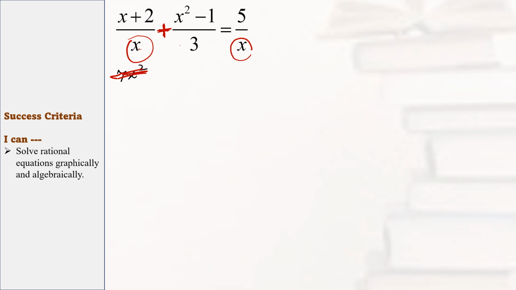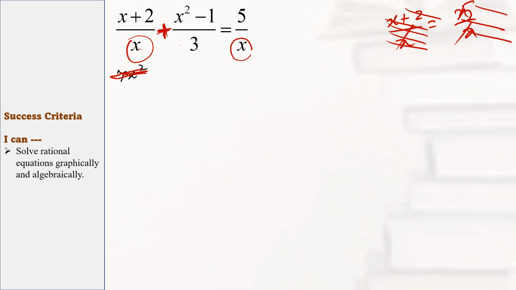If it was only x plus 2 over x, and here 5 over x was written, then you can cancel this x. But in this case, there is some other expression with the positive sign, so you cannot cancel it.